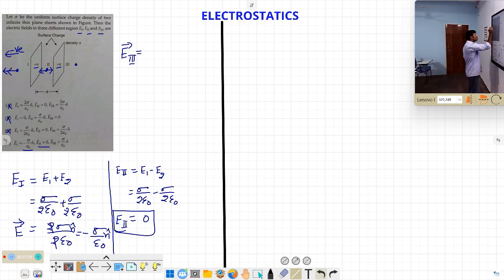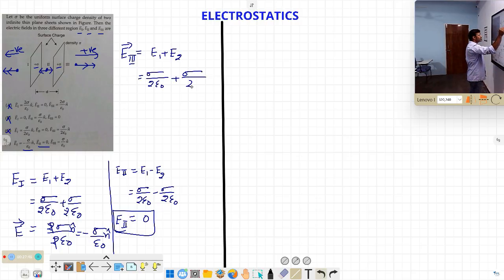In this case, both positive plates create electric field in the same direction. So here also it is E1 plus E2 only, but in the positive x direction. So we are going to take sigma by 2 epsilon naught plus sigma by 2 epsilon naught, that is 2 times sigma by 2 epsilon naught.